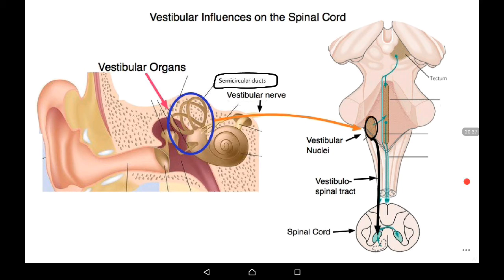We have 3 semicircular ducts in the three-dimensional world to be aware of the position of the head in space and to analyze the velocity and the angle of movement if the head produces movements.